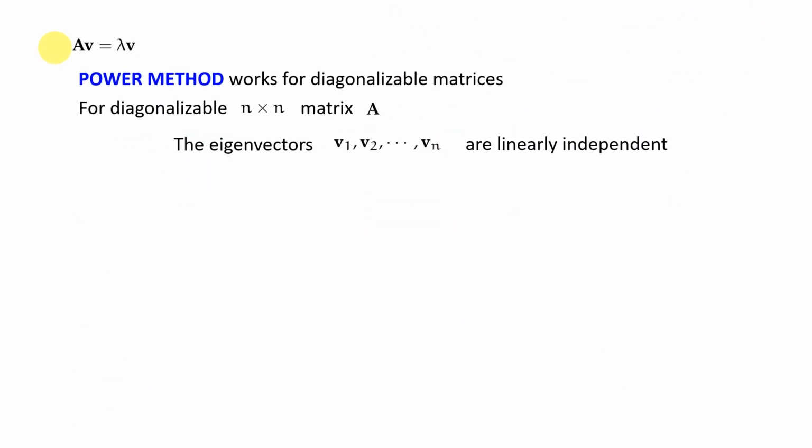Recall our discussion on power method that finds the eigenvalue and eigenvector of matrix A, which is a diagonalizable n by n matrix. Since this matrix is diagonalizable, the eigenvectors v1, v2, up to vn, are linearly independent. Since these vectors are linearly independent to each other in an n-dimensional space, we can use these vectors as basis vectors.